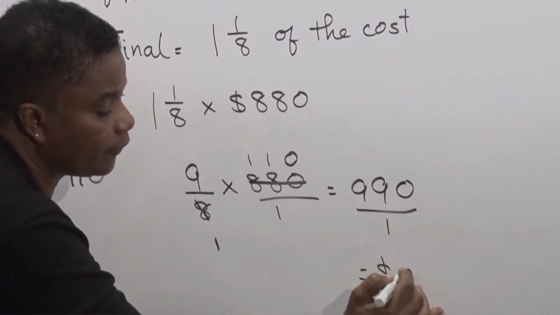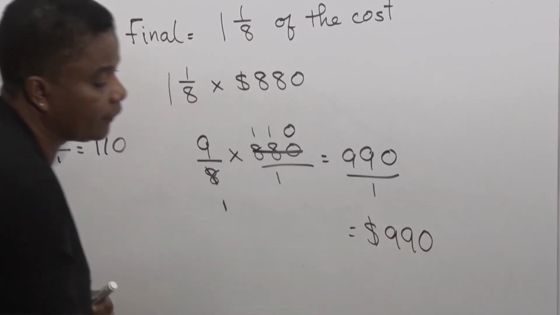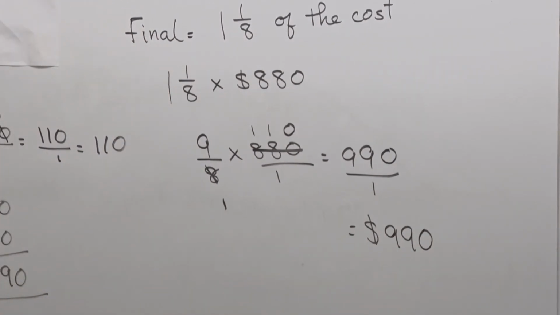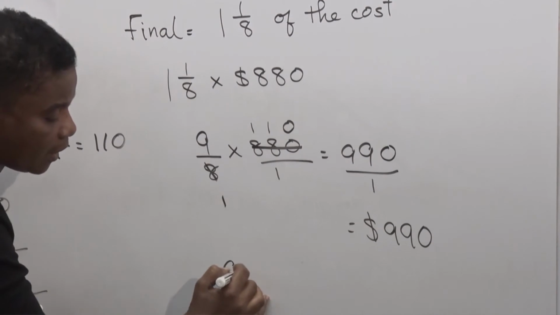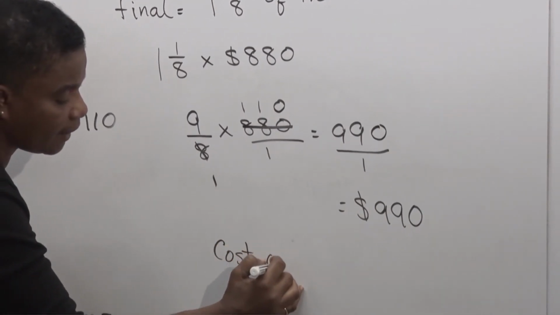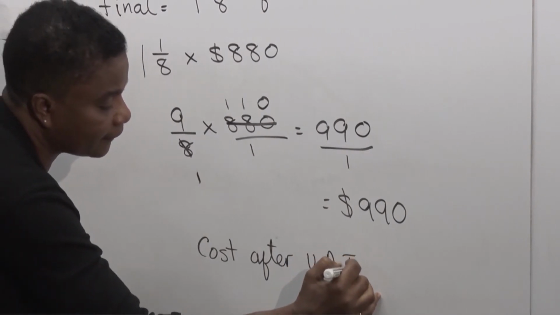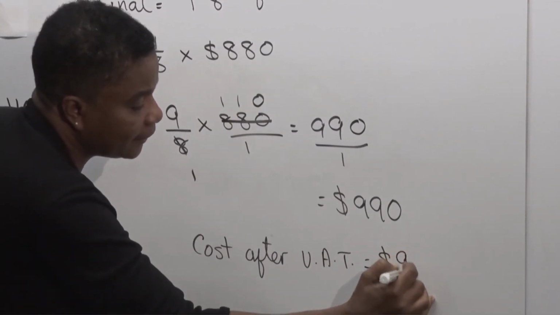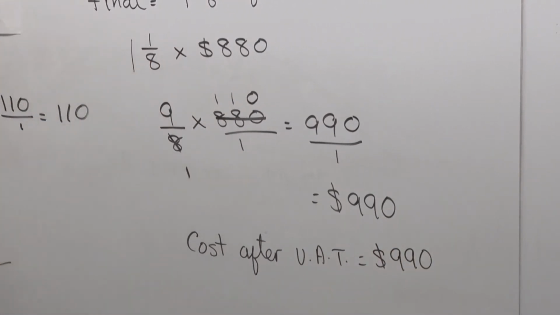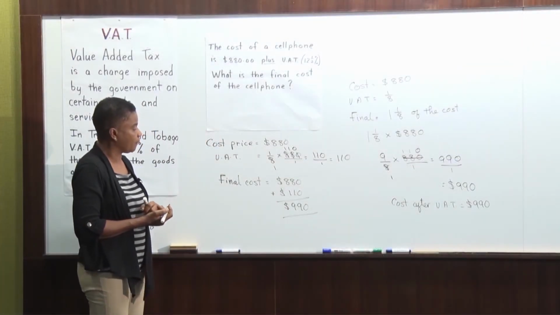So right away, we can get the cost of the cell phone after VAT, value added tax, would be $990. So there are two ways you can do the same problem.